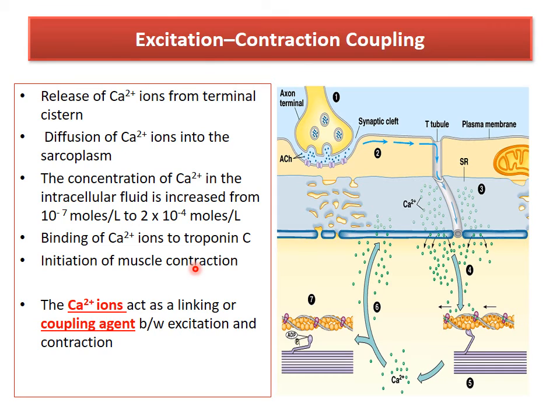These events you will do in detail in the next lecture on the molecular basis of muscle contraction. In this way, the excitation of the muscle is linked or coupled with the contraction. Remember, the calcium ions act as a linking or coupling agent between excitation and contraction.